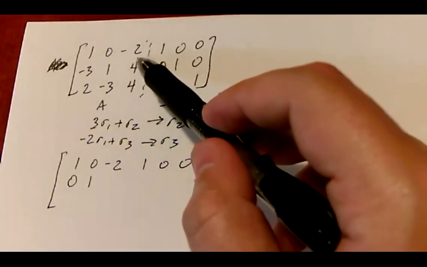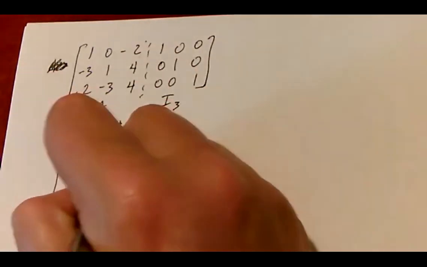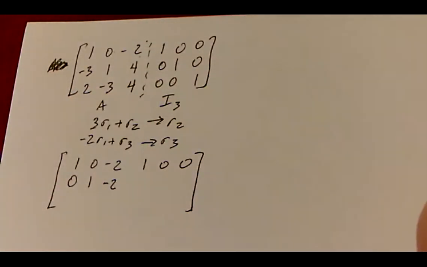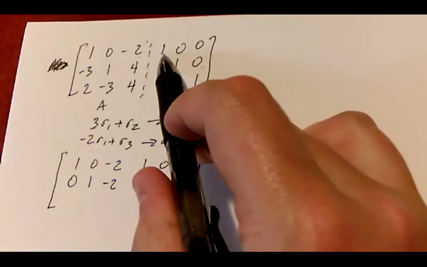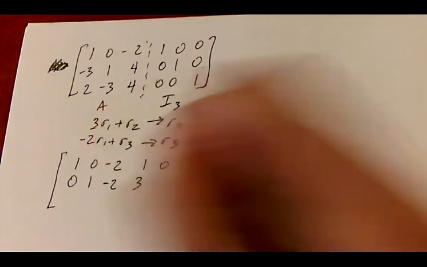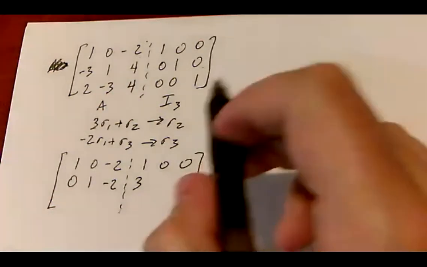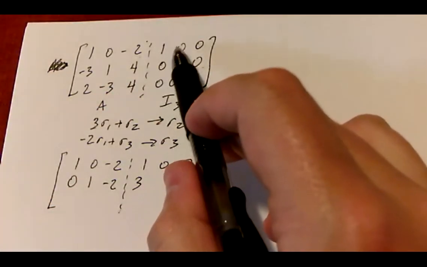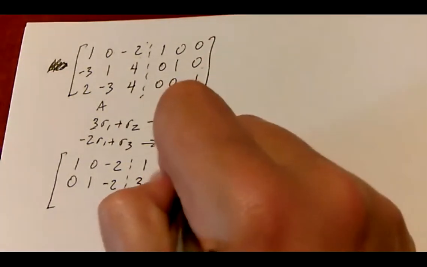Okay, then we go to the next spot. I've got 3 times negative 2 is a negative 6, plus 4 is a negative 2. Okay, remember I multiplied this row by 3 also. So 3 times 1 is 3, plus 0 is 3. Okay, it's augmented, remember, just keep things separate. Keep going, 0 times 3 is 0, plus 1 is 1, and 0 plus 0 is 0.